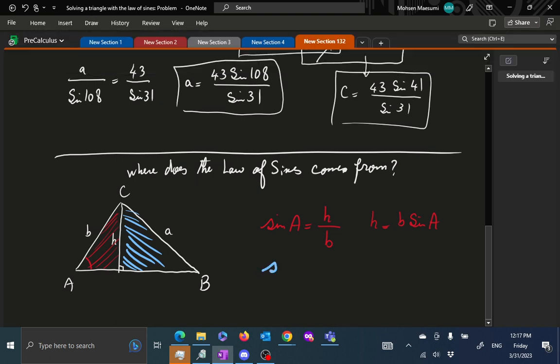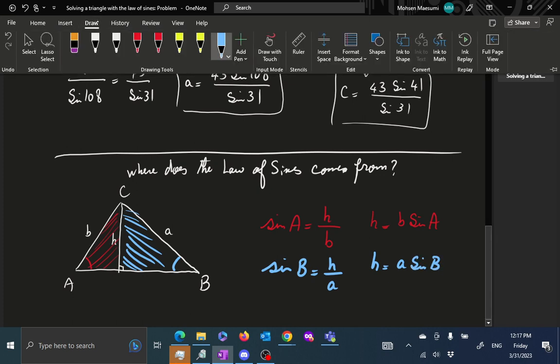Same thing. Sine of B is equal to H. Now in this one, opposite of this angle B is H again, and its hypotenuse is A. So H now is A sine of B.